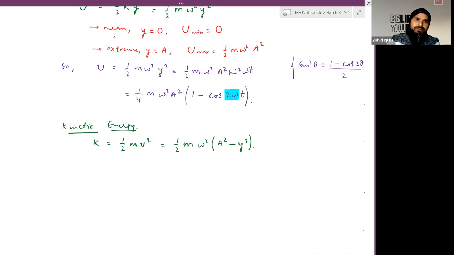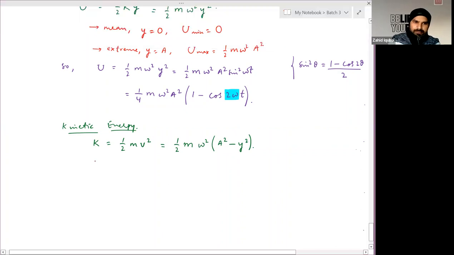Now we have to define its maximum and minimum value. First, at the mean position, when y is 0, if you put y equal to 0 in this equation, you will get the maximum kinetic energy, that is half m omega squared a squared. Similarly, at the extreme position, y is a.